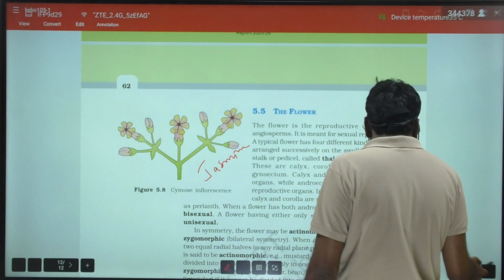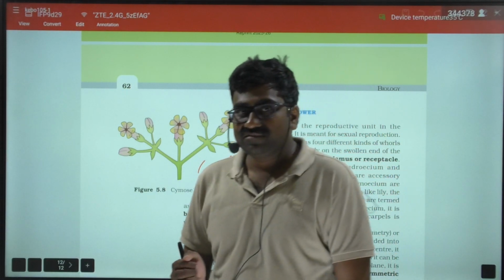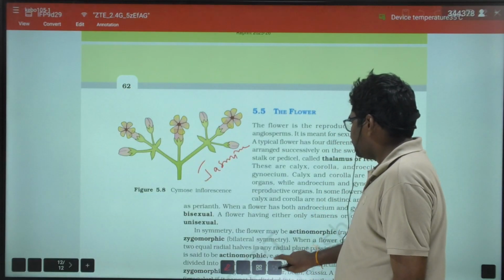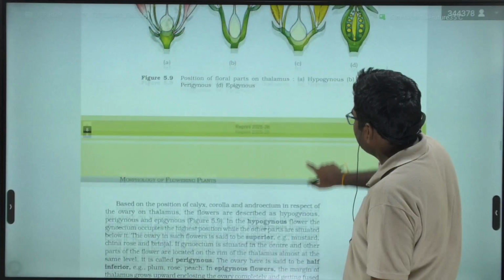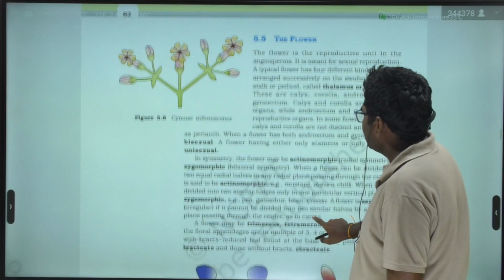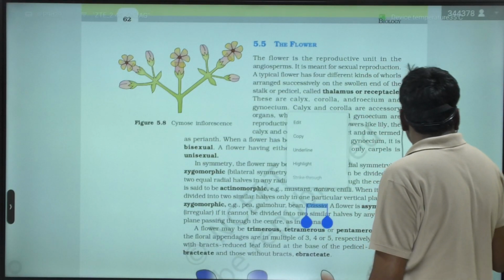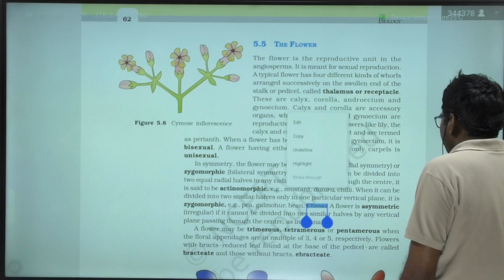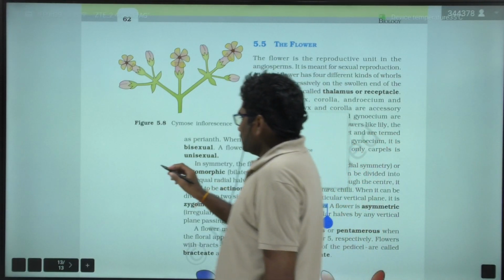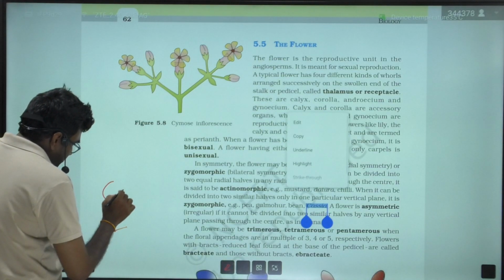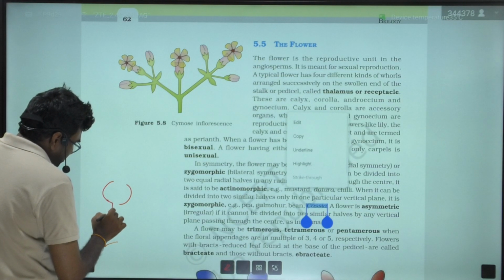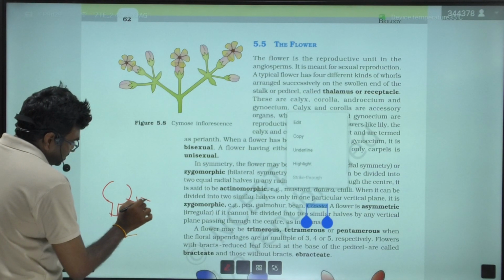Next let us discuss the structure of flower. So this is a thalamus.